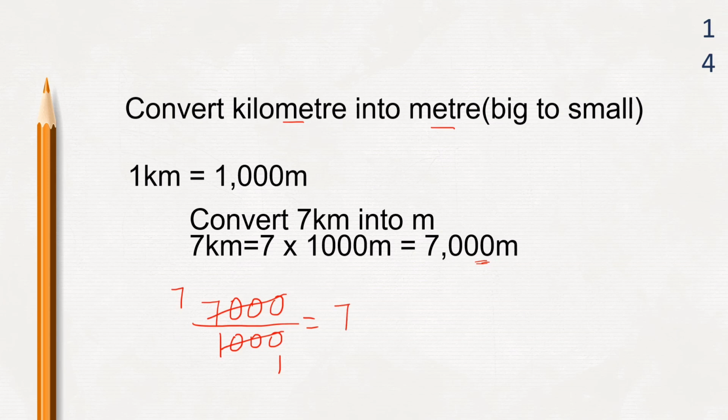So 7 kilometer. Whenever you have to convert from kilometer to meter, you will have to multiply. And whenever you have to convert from meter to kilometer, you will have to divide. Big to small, multiply. Small to big, divide.